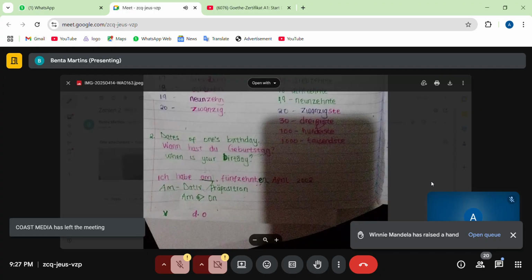For the 1000, you said it has a T. Yes, it has to, like the way we said hundert. Remember that? So hundertste. Catherine, in the notes that T is only mine. So it is hundertste, that is what I have written there.